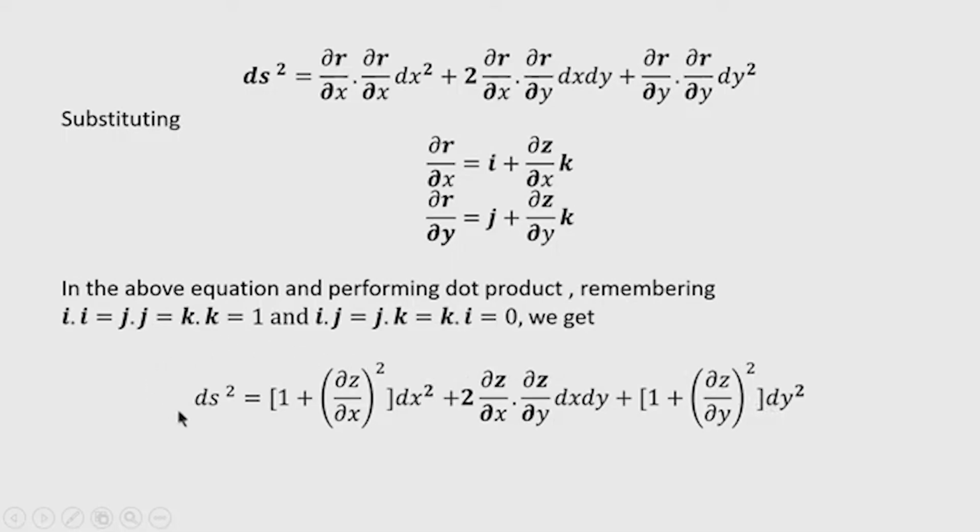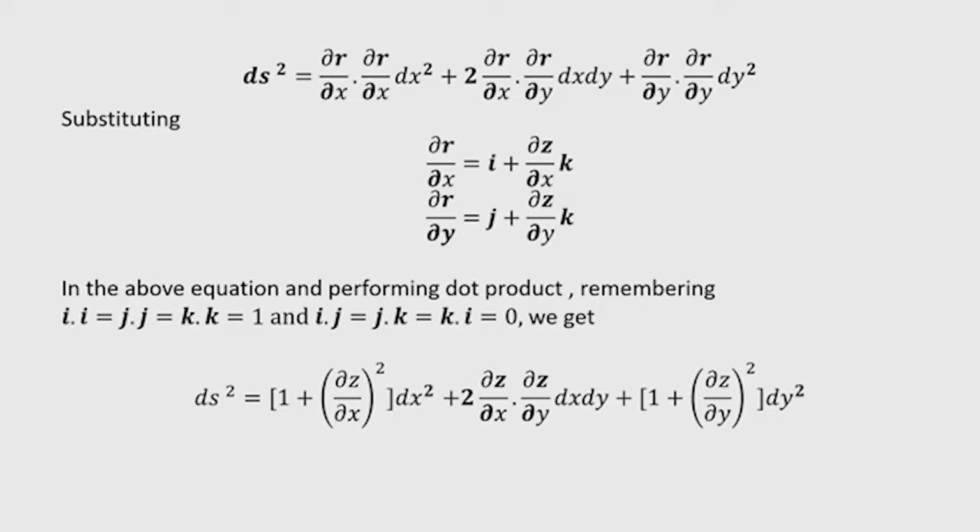So, this is the arc length relationship ds square, and this is found from the vector relation that I have discussed in the previous slide, and this is a scalar quantity now, where del z by del x represents the slope of the curve along the x direction and del z by del y represents the slope of the curve along the y direction.